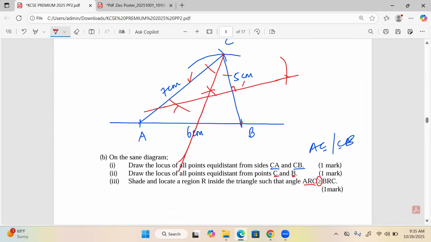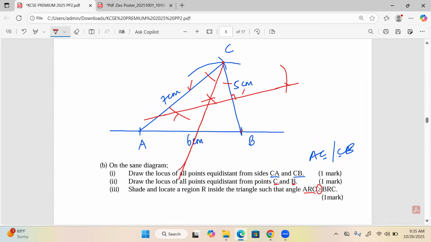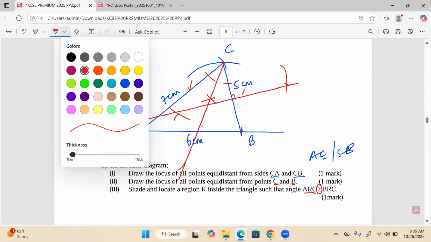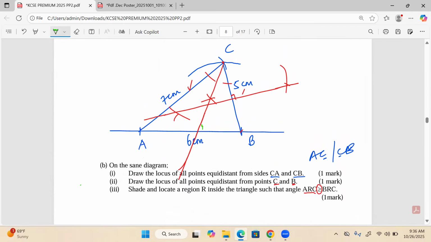So the angle from AR then to C should be greater than angle from BR to C, meaning that now we're supposed to identify region R, which is inside the triangle. And that region is this one. Let me use a different color to identify. This is the region R, which is supposed to be shaded. I'm shading it with R inside the triangle like that. That is the region.